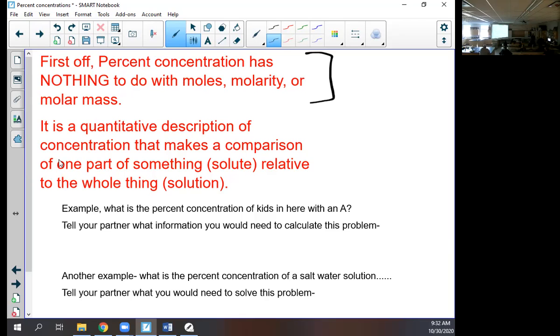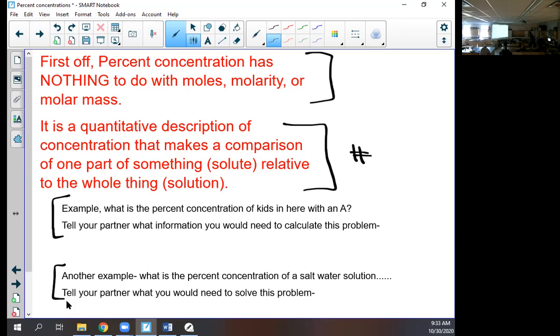Next, percent concentration is a quantitative description of concentration that makes a comparison of one part of something, so we'll say solute, relative to the whole thing, which is like a solution. And don't overthink these. They have nerd science words, but they're just like this.